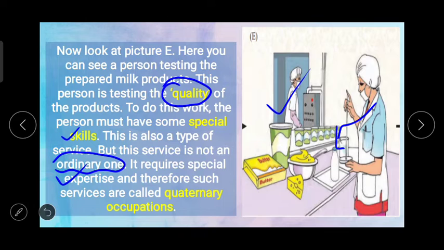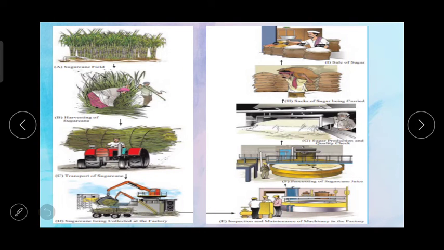So not all the services are directly related to primary or secondary occupations. For example, those of a driver, knife grinder, policeman, the postal service, etc. Now to understand this, look at the pictures in figure 10.2, which is on the screen.